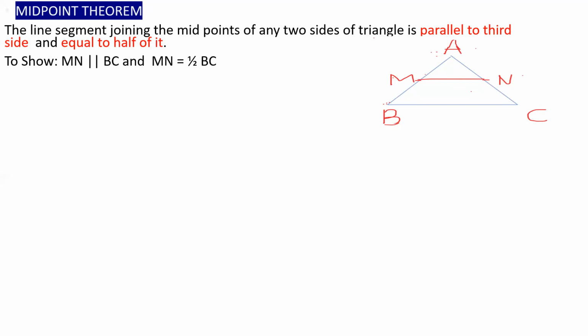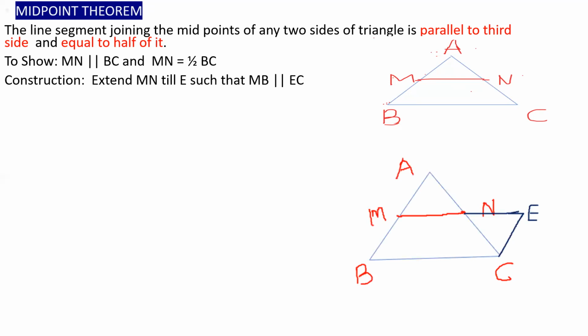For this, we need to do a construction. The construction is that the MN segment is to be extended till E such that MB is parallel to EC. Now see the next figure. Here MB is parallel to EC, and we have extended the MN segment till E. Now we have to prove that MN is parallel to BC.